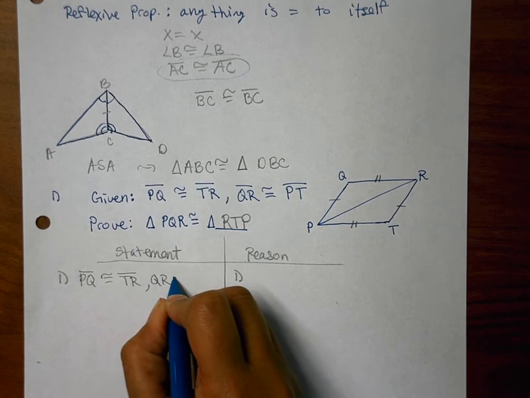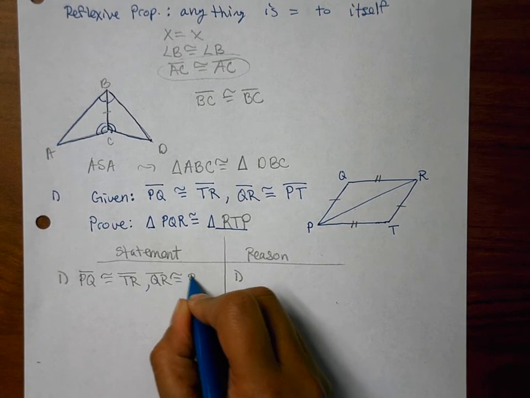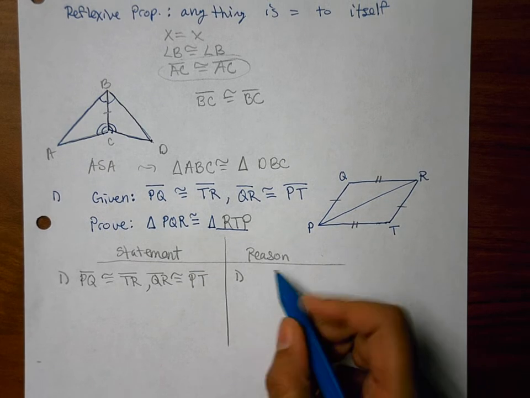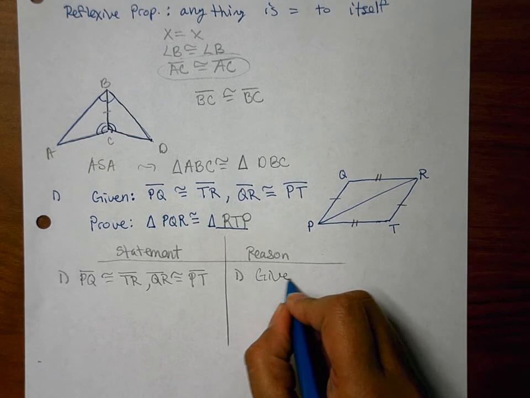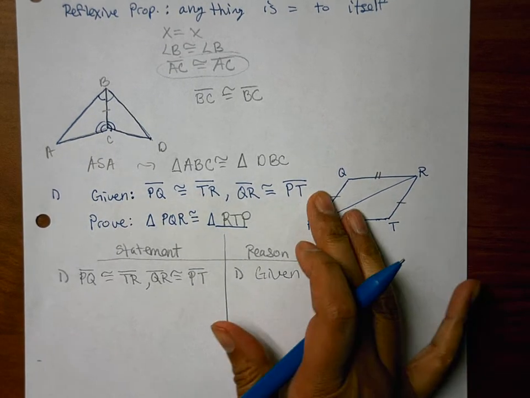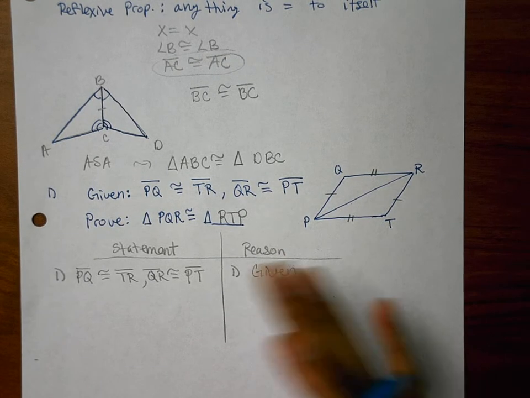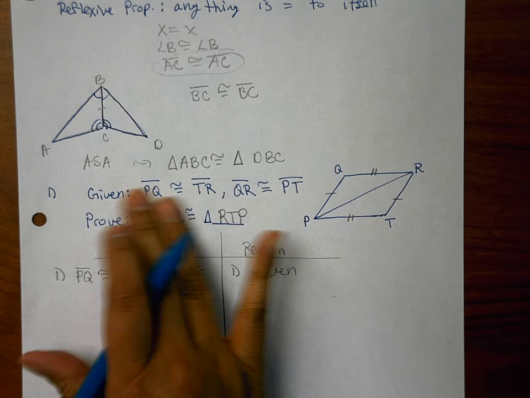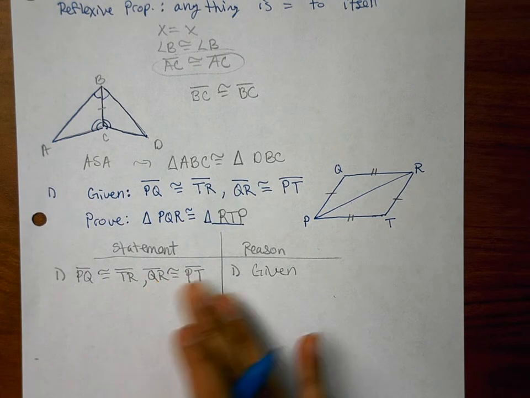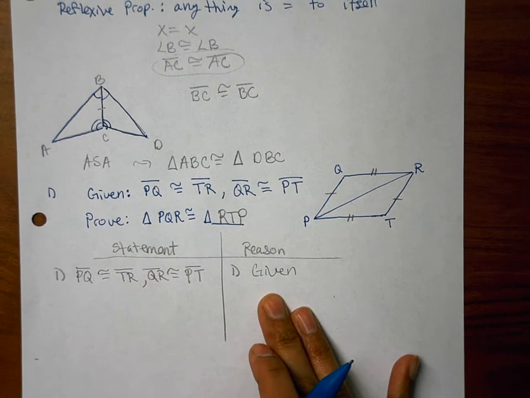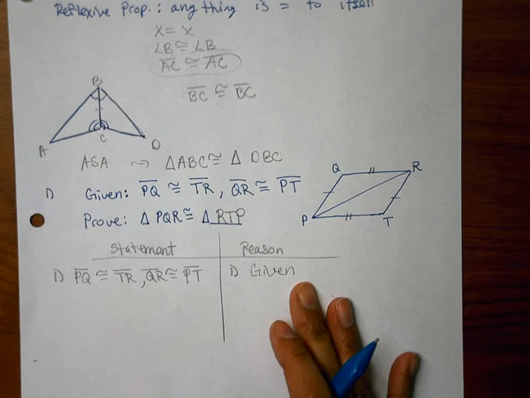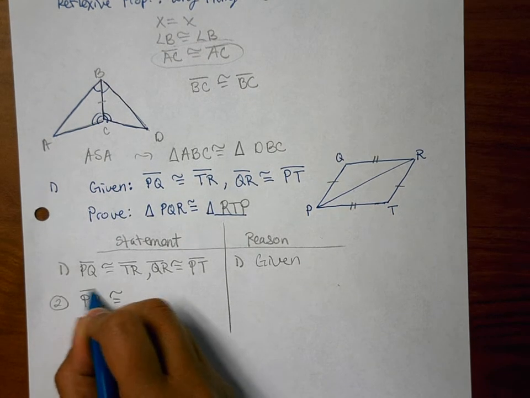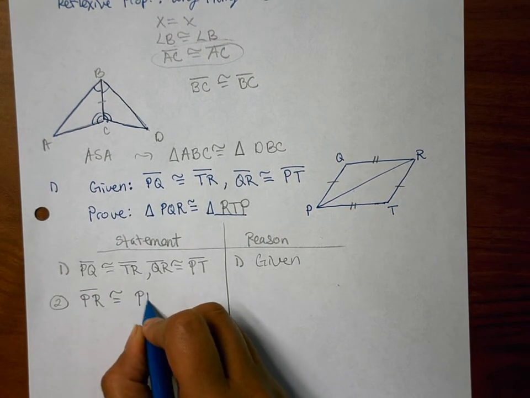PQ is congruent to TR, and QR is congruent to PT. And what's the reason? Given information. That should always be your first line. Some proof writers won't always do it this way, but in this class, for the most part, given is your statement 1, and your reason will always be given.